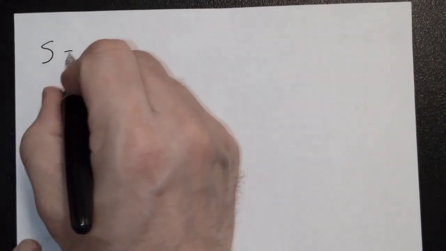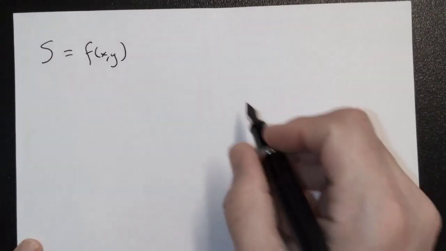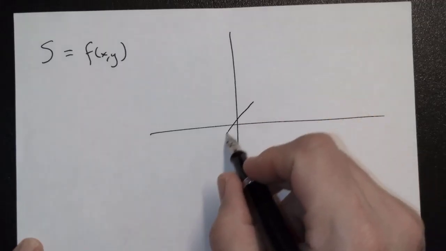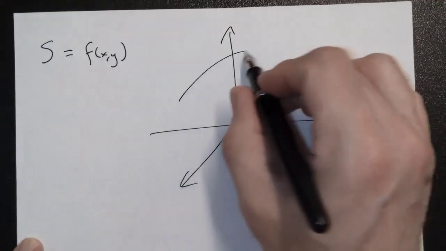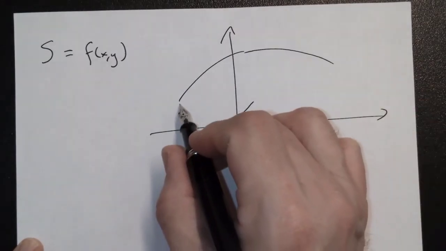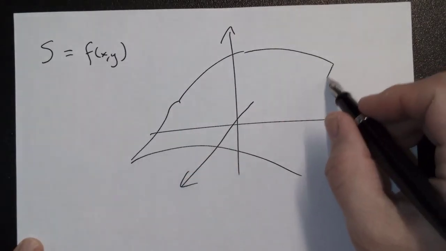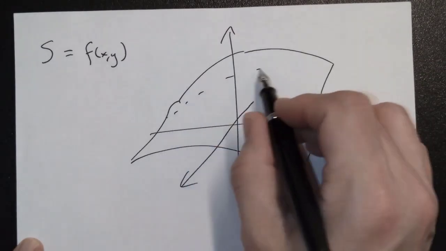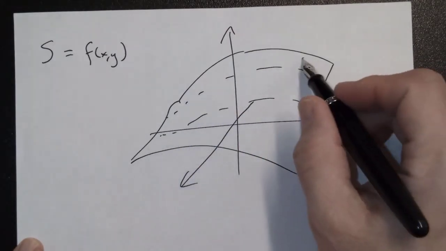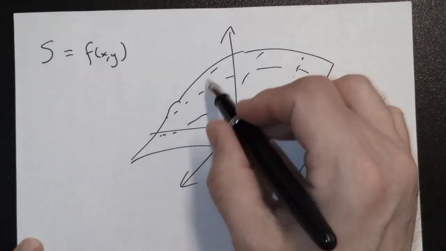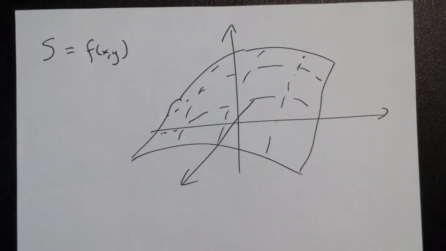Question. We found derivatives in the X direction, derivatives in the Y direction, for some surface. So I have this surface in 3D floating above the XYZ axis.